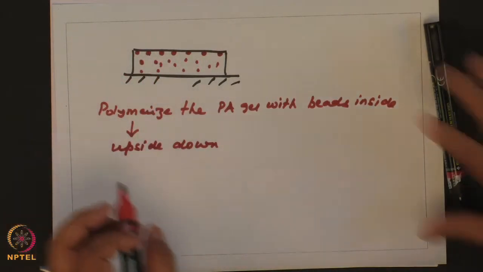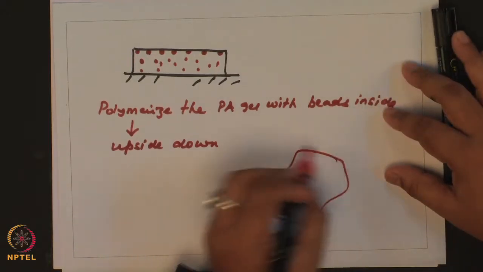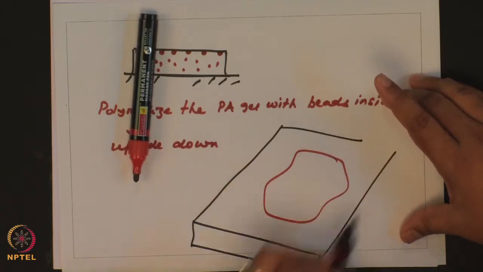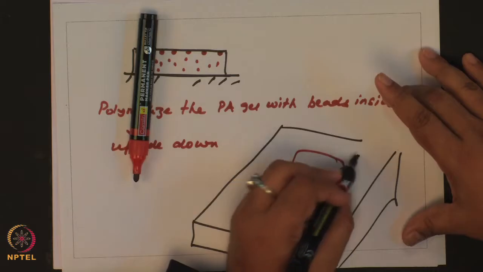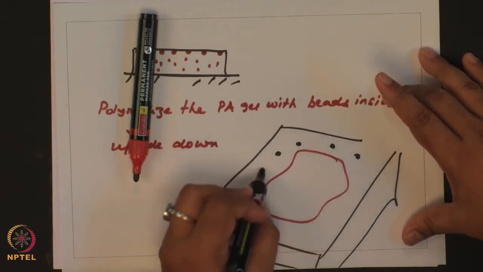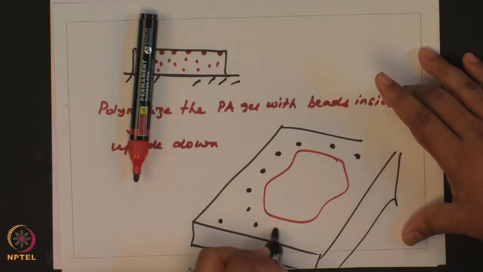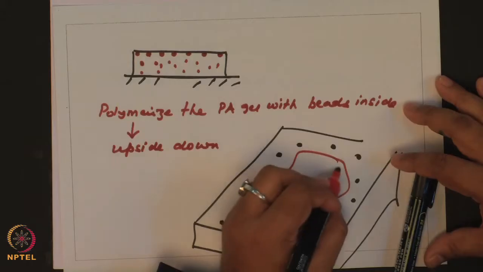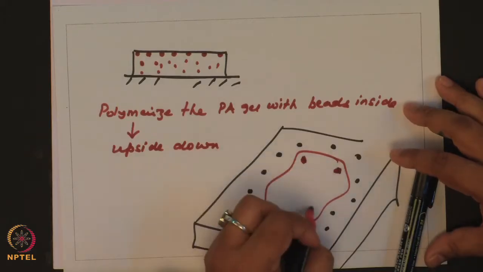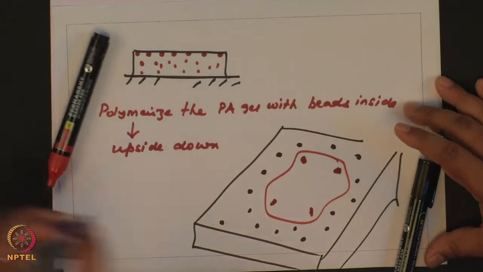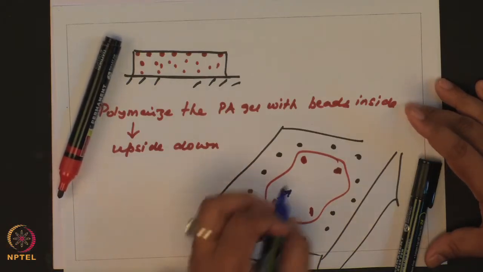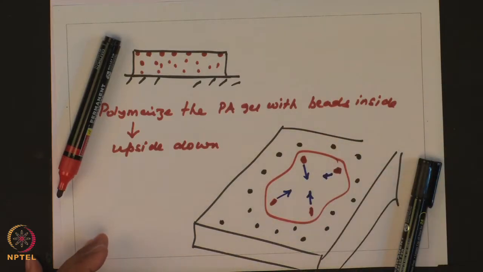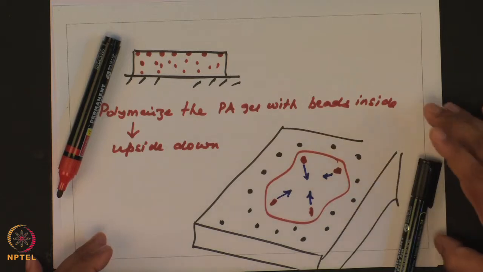So, if I were to draw the cell in 2D, and this is your substrate, you have these beads sitting in and around the cell on the top surface. If there were individual focal adhesions through which the cell is exerting forces inside, let us say these are 4 focal adhesions through which cells are exerting forces in the given direction.